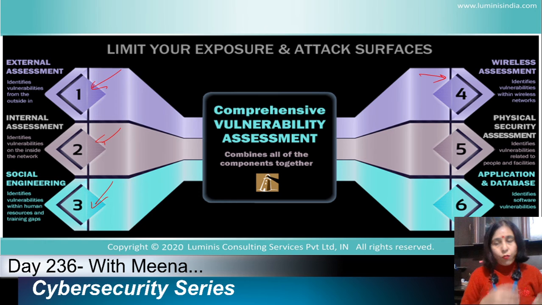So what kind of attacks are possible there? How well equipped is our organization when we talk about wireless? We also need to find out whether vulnerabilities exist in our network or not. Physical security: if somebody tries to enter our organization physically, what security measures are we using to stop hackers from entering? Where we are lacking, we definitely need to drill down.